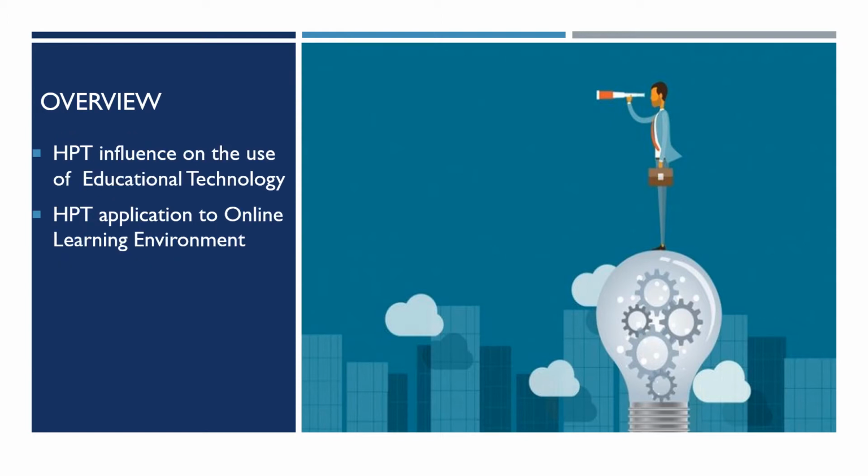HPT influence on the use of educational technology and HPT application to online learning environment. We will then continue to look at HPT influence on the use of educational technology and its application to the online learning environment.